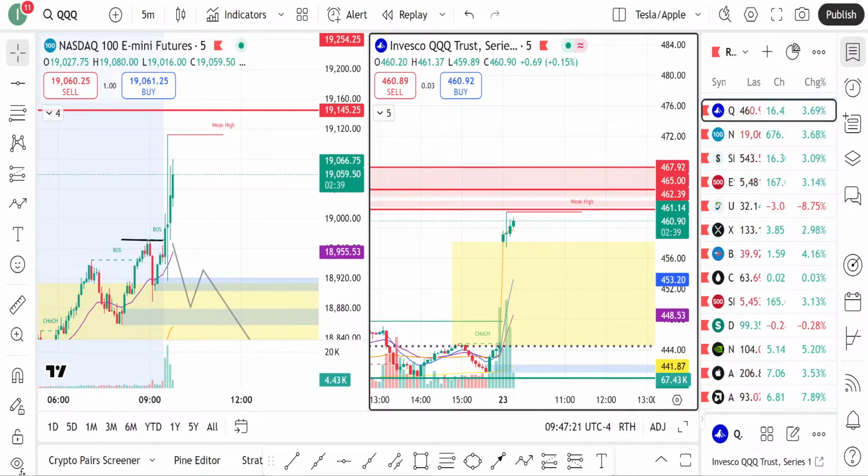I think it's gonna go higher before it comes down lower.